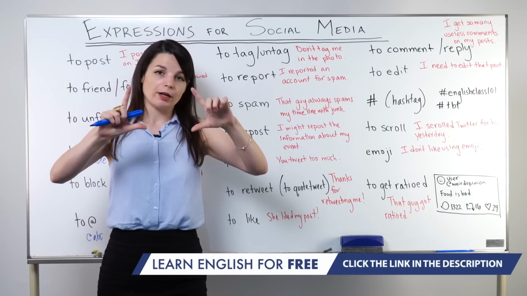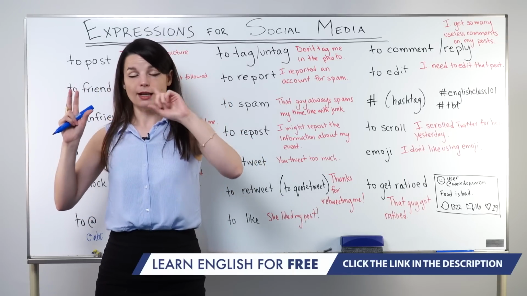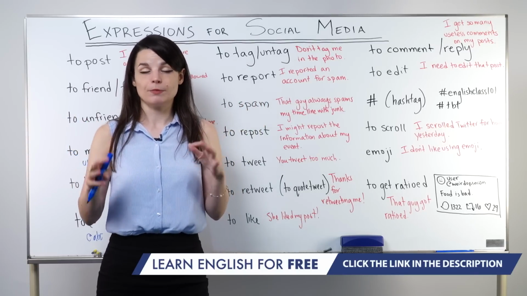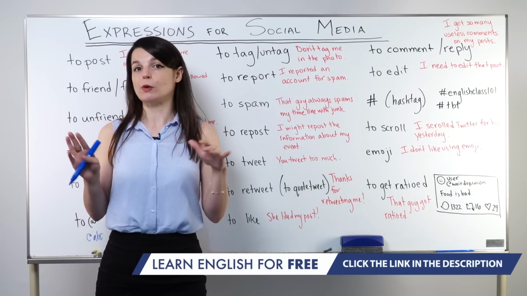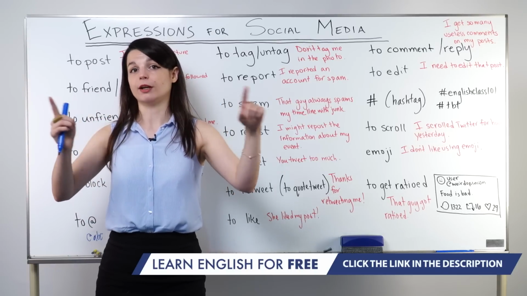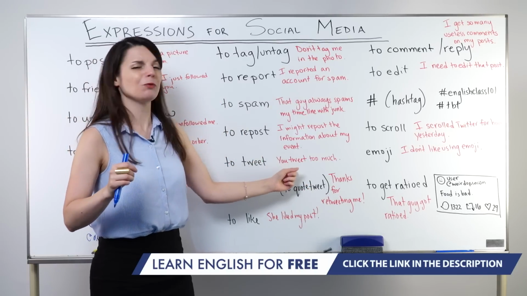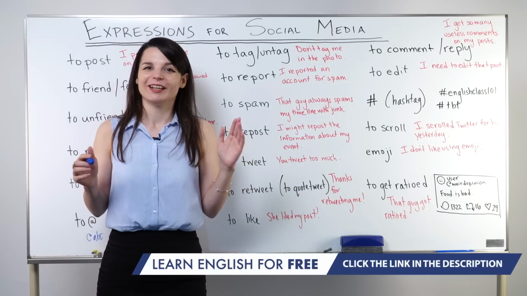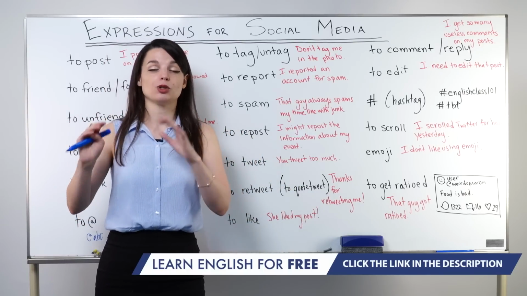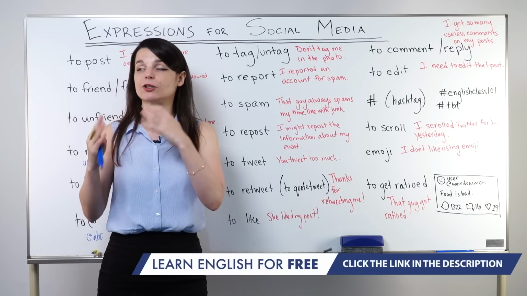Anything you write on Twitter is a tweet, as a noun, and we also describe the act of using Twitter, like sharing information, as tweeting. So I'm tweeting means I'm sharing something on my Twitter account. For example, you tweet too much. That means you share too much information on Twitter. Too much in terms of frequency.